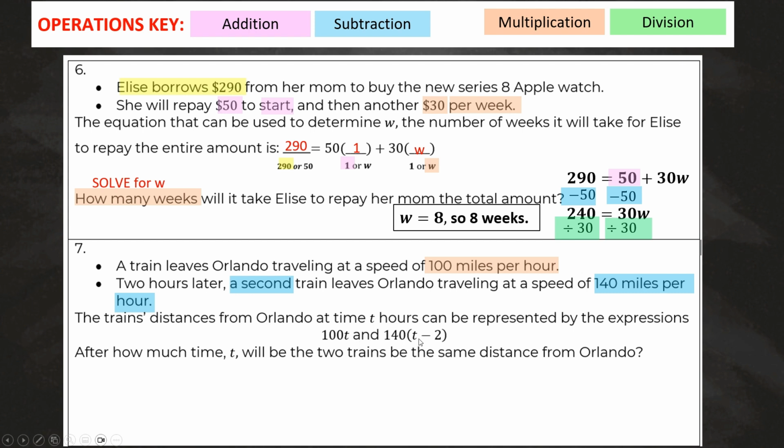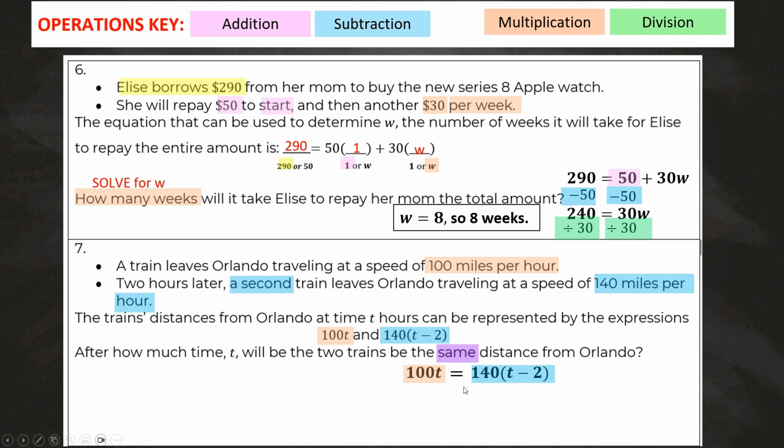So they're giving you the two expressions here. Then it asks, after how much time T will these two trains be the same distance from Orlando? Anytime you see the word same, what they want you to do with those expressions is set them equal to each other so that it then becomes an equation that you can solve.